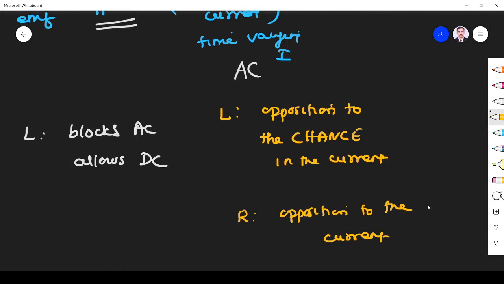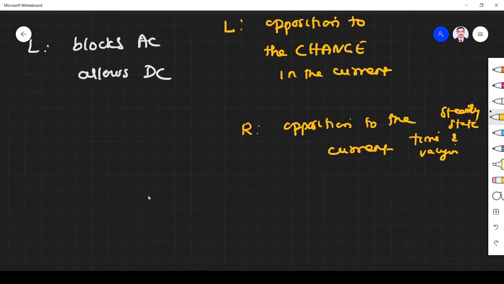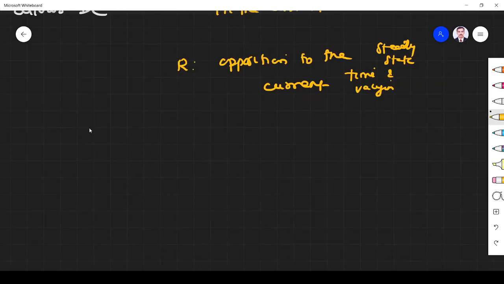Resistance opposes both time varying and steady state, whereas inductance opposes only time varying current. That's why an inductor blocks AC and allows DC. So inductance is the opposition to the change in current.